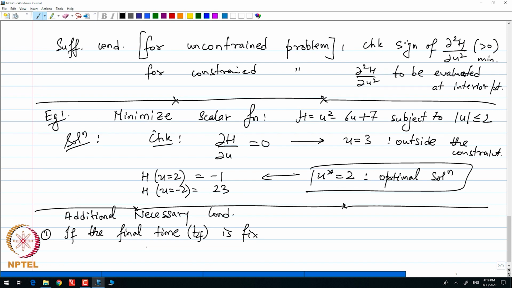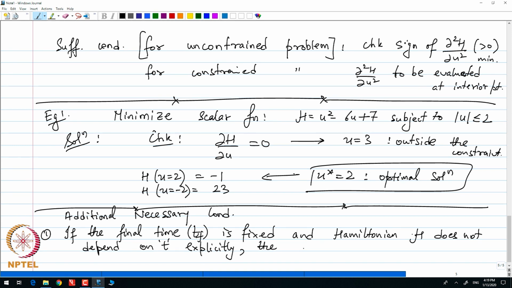Okay. So, if the final time T f is fixed and the Hamiltonian h does not depend on T explicitly, then h of x star comma u star comma lambda star is equal to a constant, right. And this is for all t in T0 to Tf.